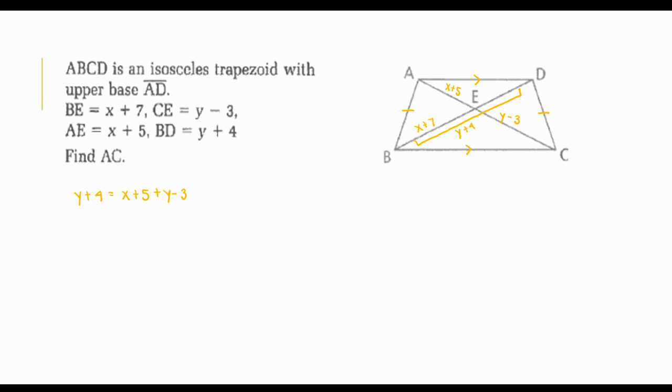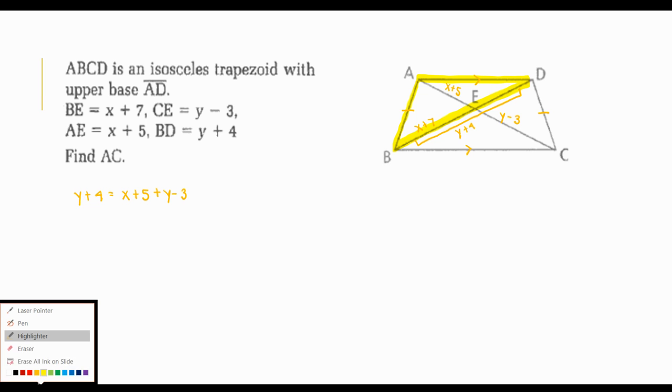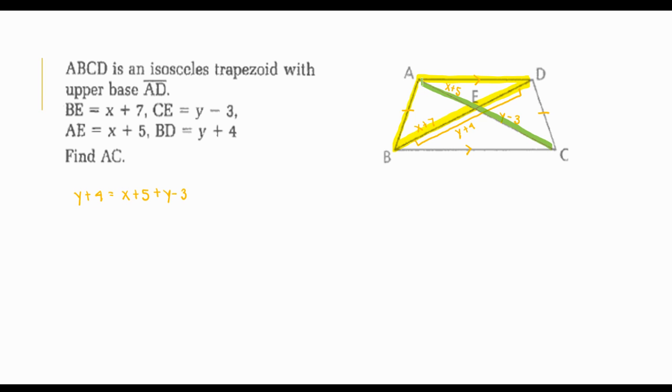So this is where we have to understand the properties of an isosceles trapezoid and actually think back to chapter 3 when we were proving congruent triangles. So I actually want us to focus on this triangle of ABD, and I want us to focus on the triangle of ADC. Those two triangles are actually congruent to each other.